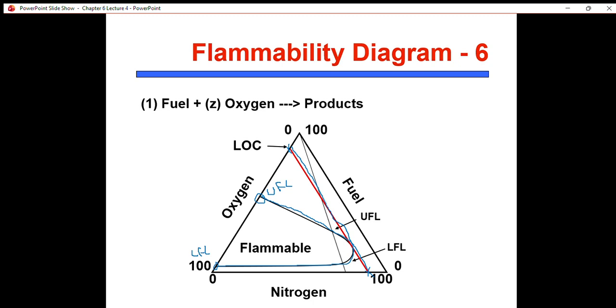If I want to understand this chart, this means that any combination here will be flammable or will start a fire. If I choose any concentration in this zone, the fire will start.